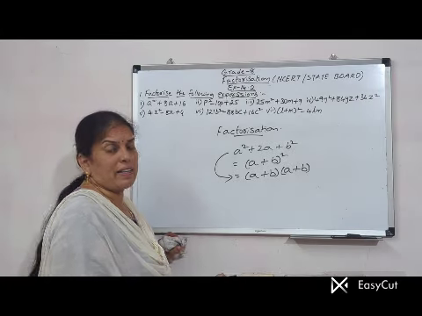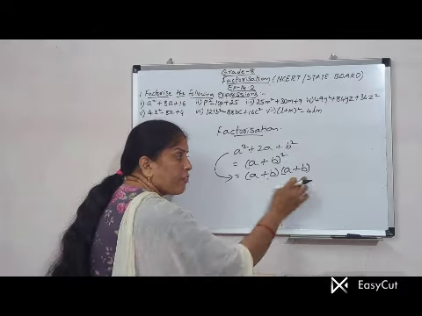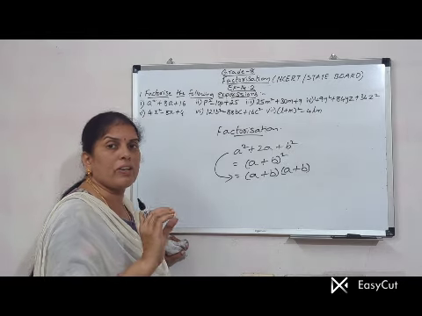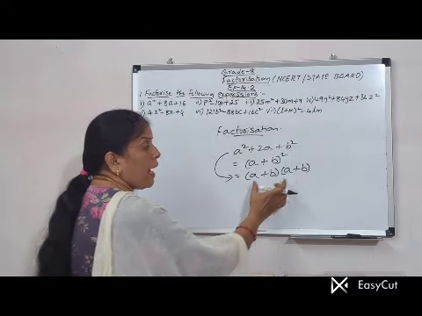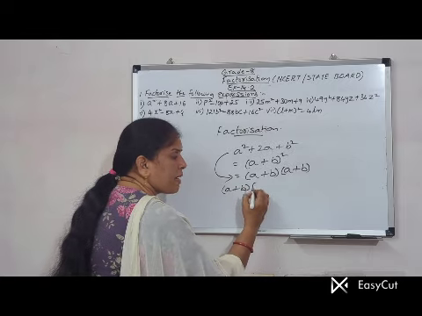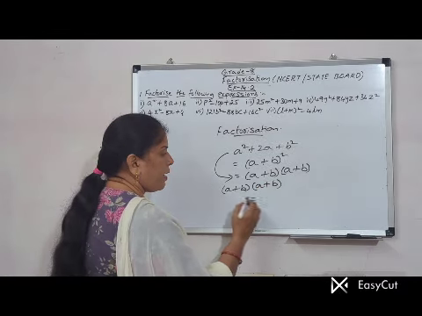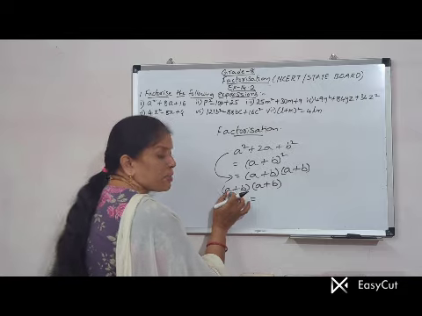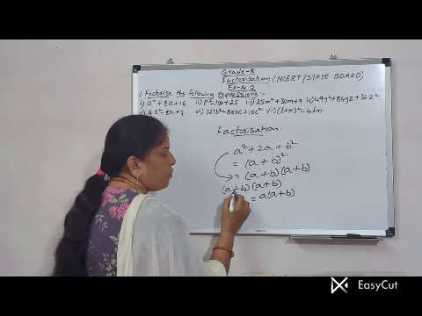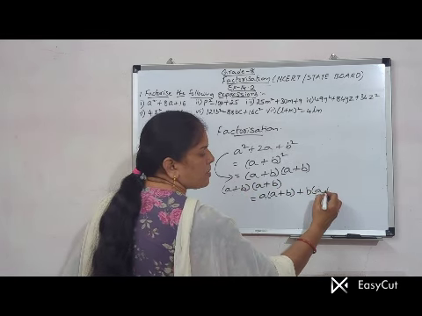Same like that, if we do factorization, if we find the product of these two, product means multiplication. After multiplication, you will get an answer. That is called the product. I am finding the product of these two, a plus b into a plus b. You must multiply a with a plus b: a into a plus b, plus b into a plus b.